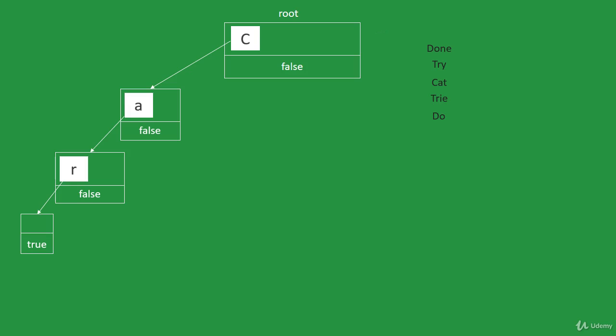Let's try to add done. So, once again, we start at the root and look at its table and see that we don't have any node representing the prefix. So we create one and add a new record to the root's map. In this new node, we look for O. Since there is no O in our table, we add it and create a new node which represents the do prefix.